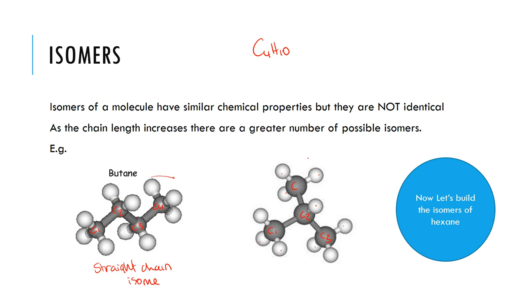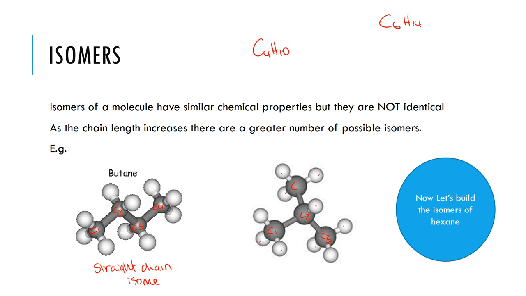So what I want you to do is have a go at building the different isomers of hexane. Particularly this should be your double period now, so have a go at building them, see how many you can find. Okay, so stop the video, build yourself a C6H14 molecule and have a go at building all the different isomers and see how many you can find.